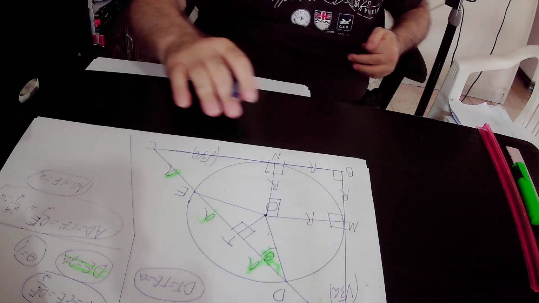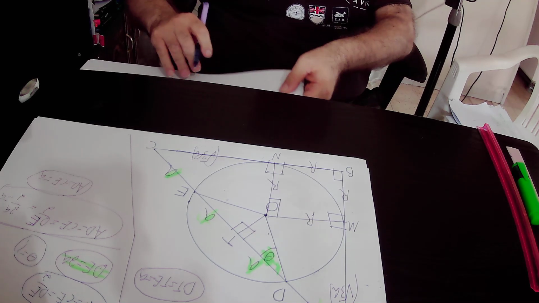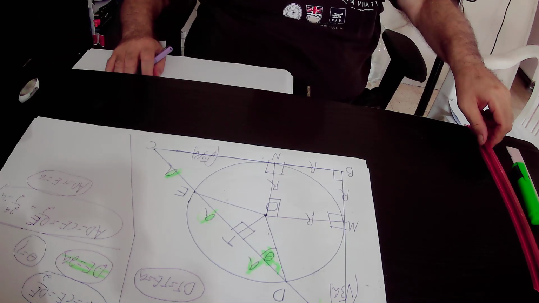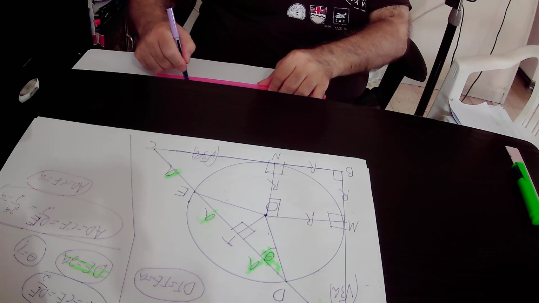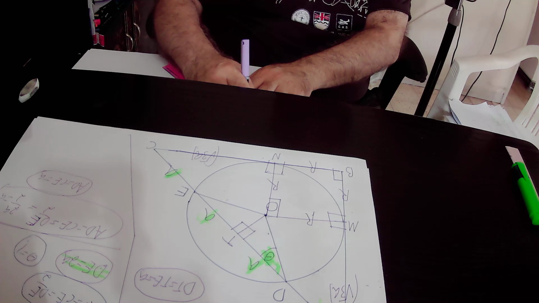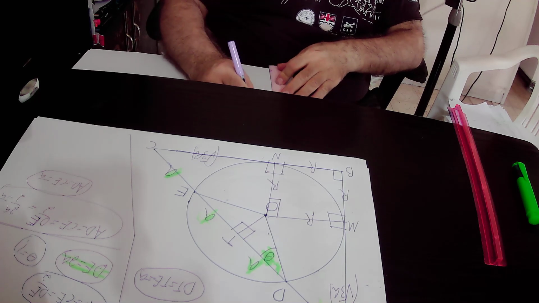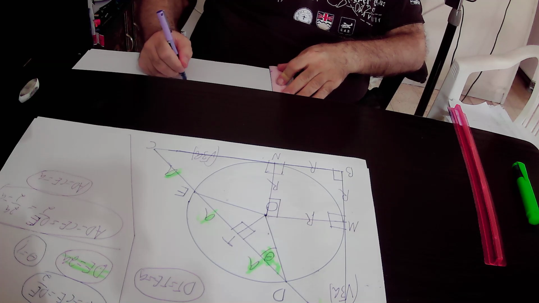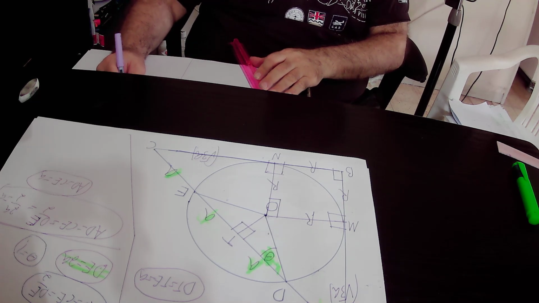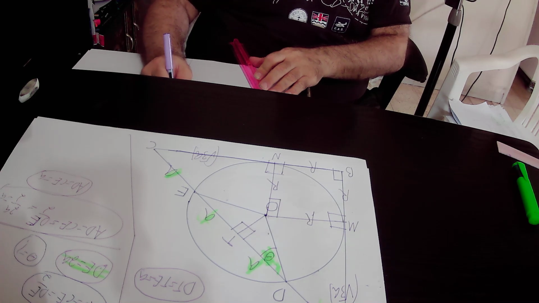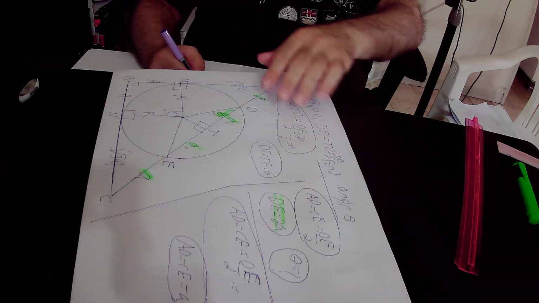The next step, I will copy the right triangle ABC into a new page and we will analyze triangle ABC. What is the length AB of the right triangle ABC?